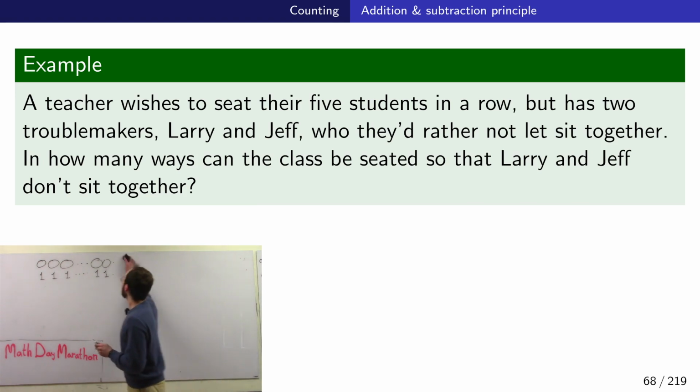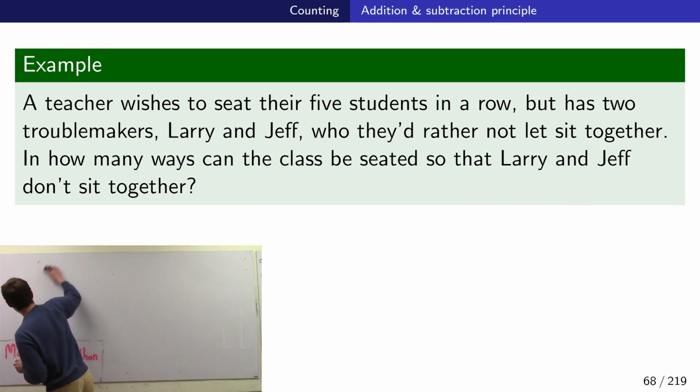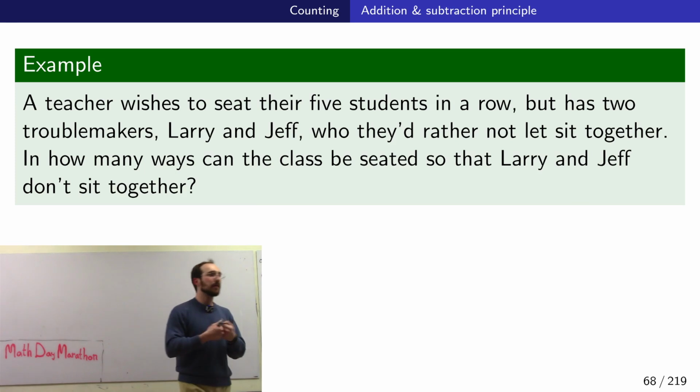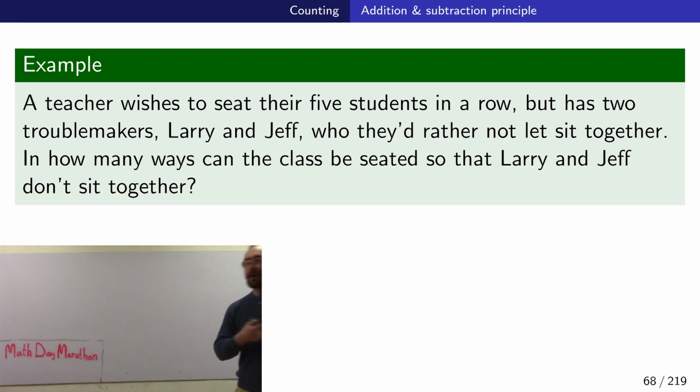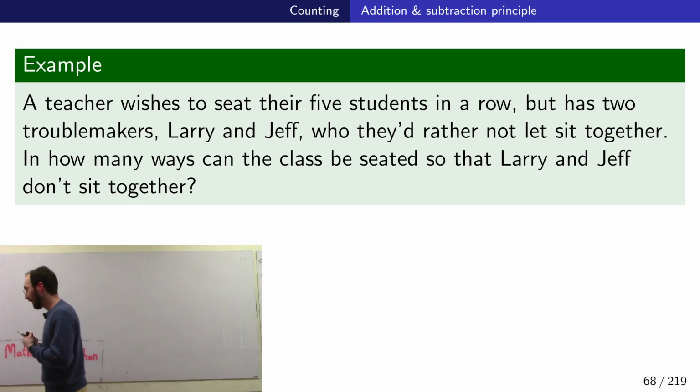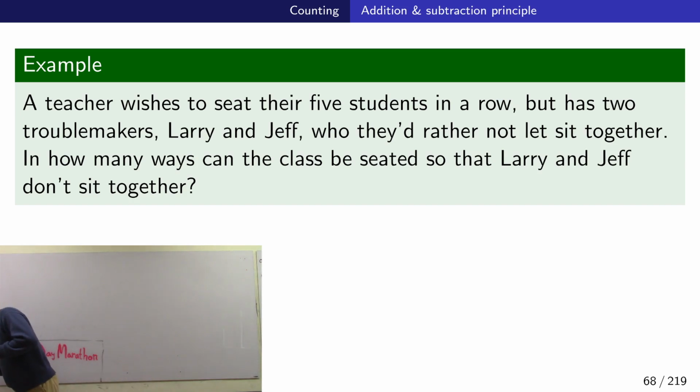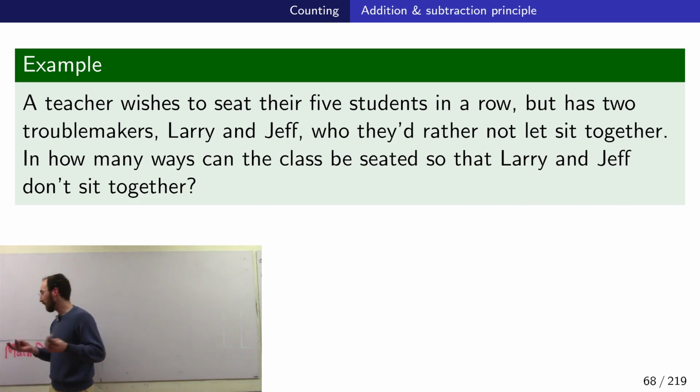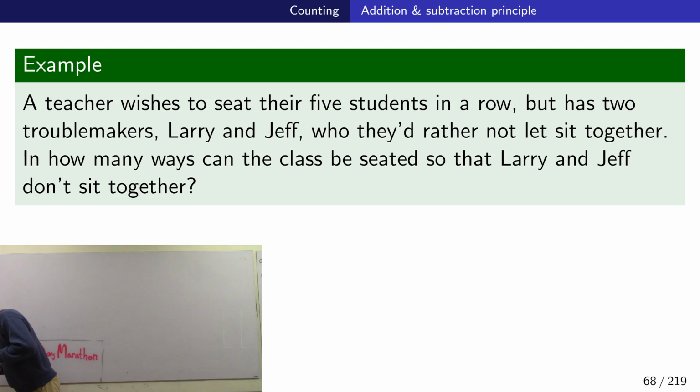And they know there's 2 students in particular, Larry and Jeff, who once they start sitting together, are going to cause a ruckus. So they want to avoid Larry and Jeff sitting together. Let's figure out for the teacher how many ways they can do this and show them that it's actually going to be quite easy to avoid this situation.